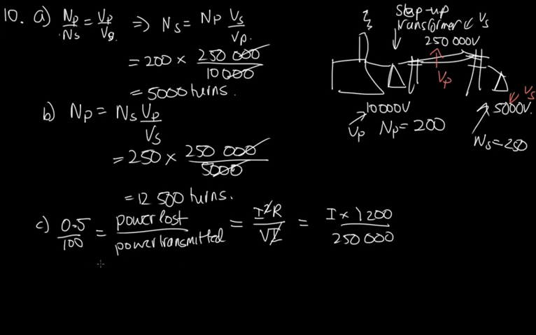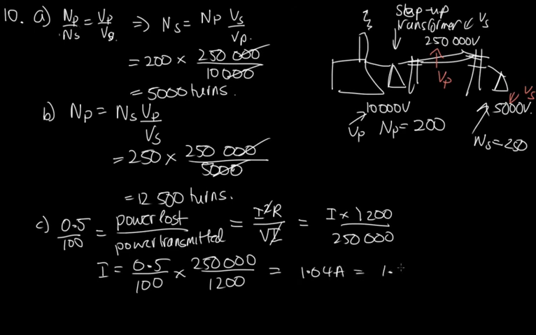So rearranging this, we can see that I is equal to 0.5 over 100 times 250,000 over 1,200. And solving this on the calculator, we get 1.04 amps, or if we want it to two significant figures, 1.0 amps.